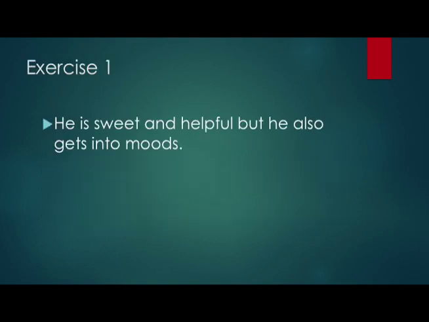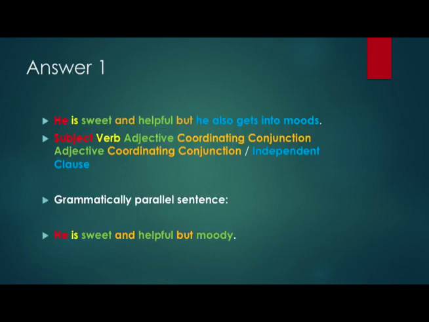All right, exercise 1. "He is sweet and helpful, but he also gets into moods." So let's look at the structure in this sentence. Here I've broken down this sentence and color-coded the different components.